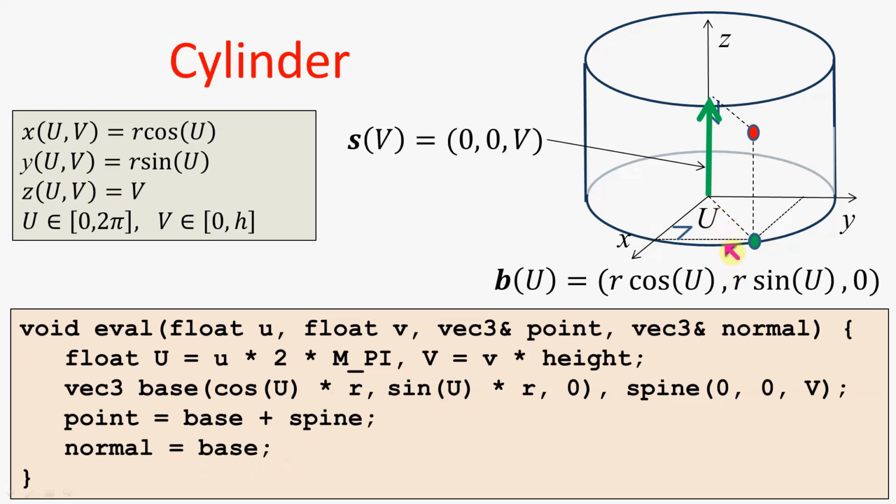When this base curve is extruded, so when we apply a translational motion, this translational motion doesn't change the normal vector. So no matter where we are, what value this v parameter has, the normal vector remains the same as was calculated for v equals 0.